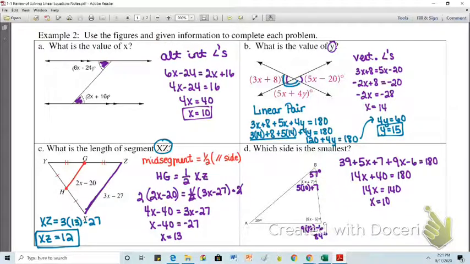I want to know which side is the smallest, so I need to find the smallest angle. The smallest angle is A, so the smallest side is BC, or we can name it with lowercase a. Because the smallest side is always across from the smallest angle.